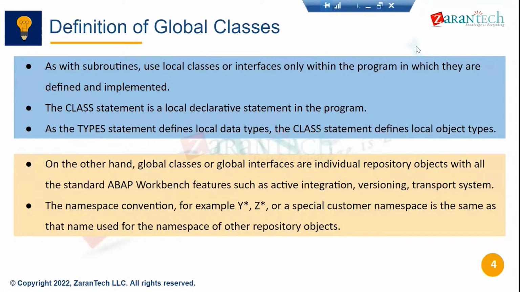And here the naming convention should be Y star or Z star, or else in any respective project from a customer, from a team, they will create their own namespace. Say XYZ underscore, they might create such kind of namespace so that all your objects will come under that namespace as well. If not, some Y or Z.